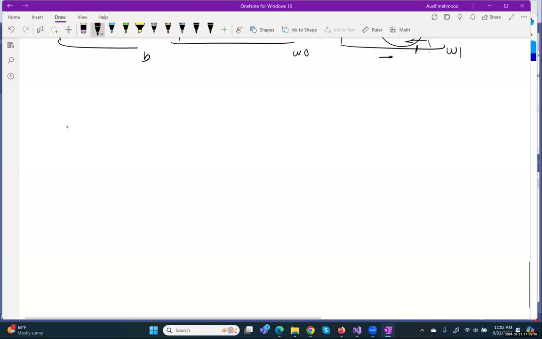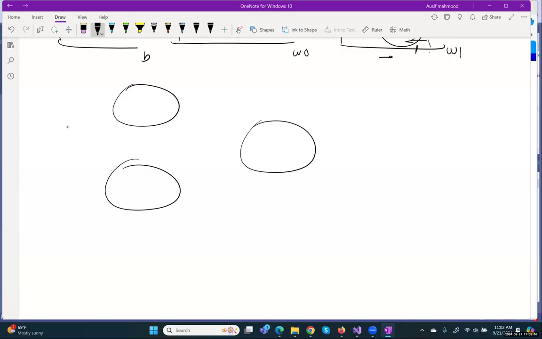So let's draw 3 neurons. Gradually I'll change the activation function. Let me assume 2 inputs, x0, x1.